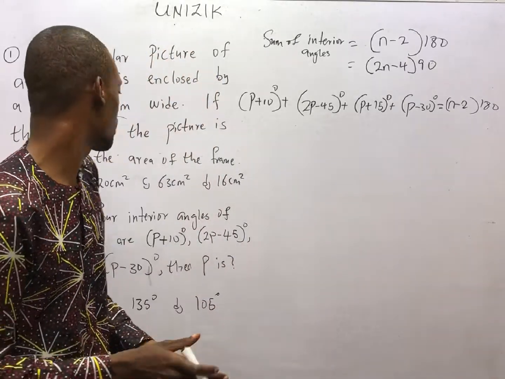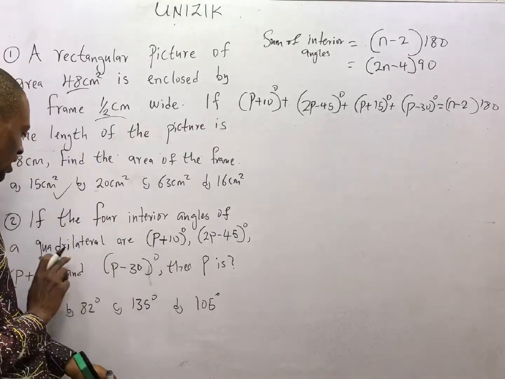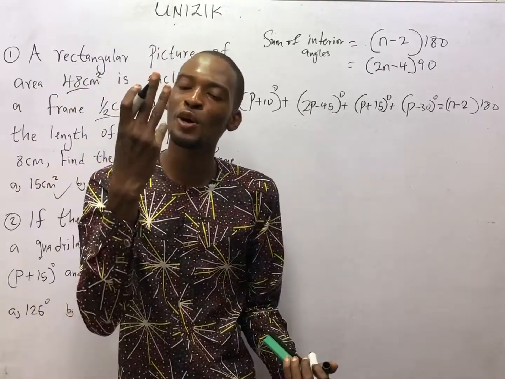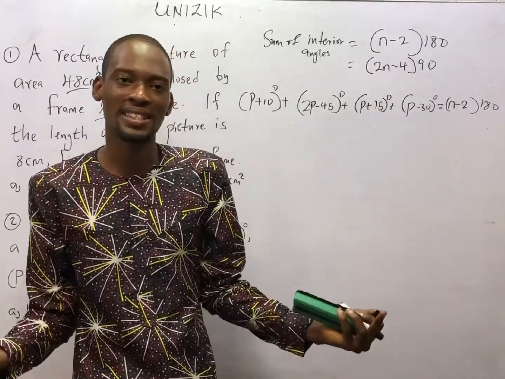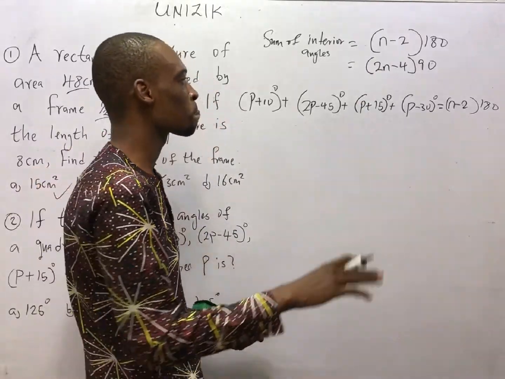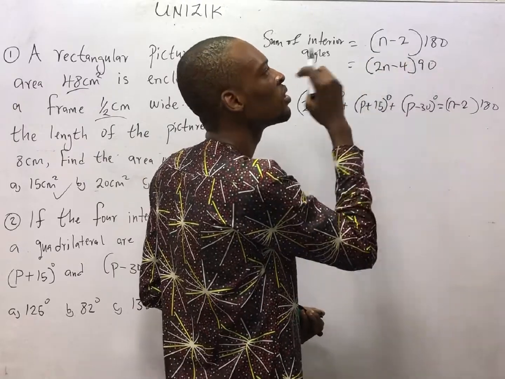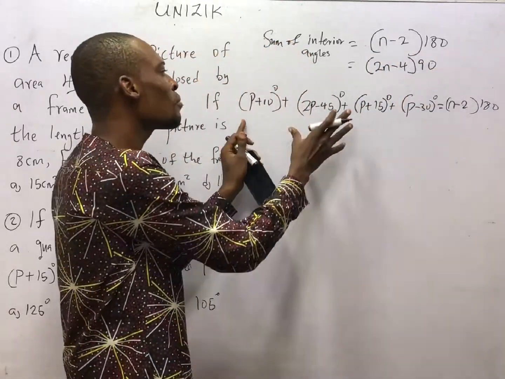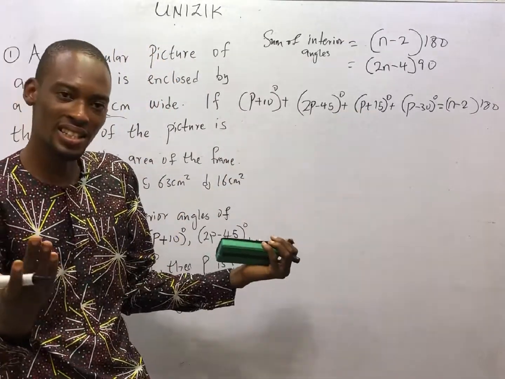Now look at something. They said the 4 interior angles, and from here 1, 2, 3, 4, this polygon or this shape is 4-sided. And what is n? N represents the number of sides, which implies that n is 4. So 4 minus 2, that is 2. 2 times 180 is 360. So the sum of the interior angle of a polygon with 4 sides is equals 360 degrees.